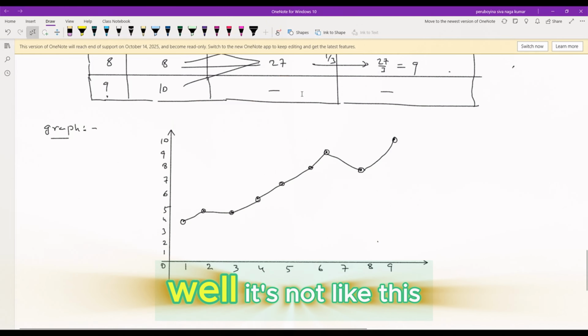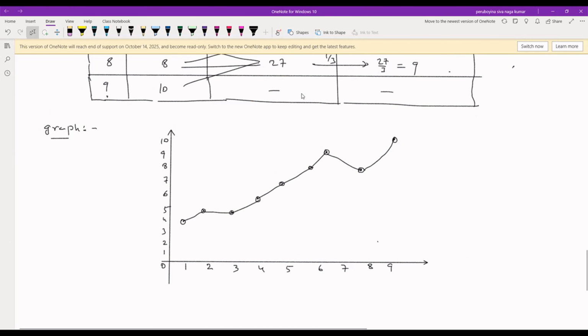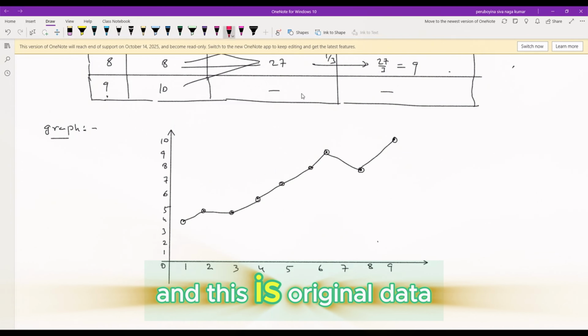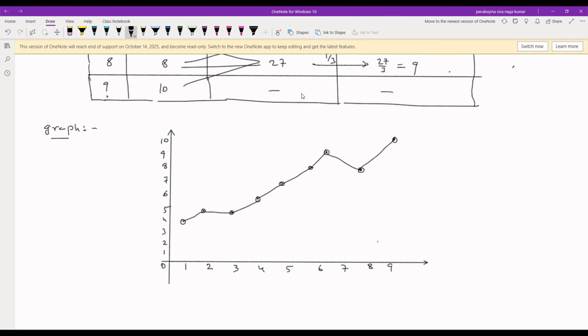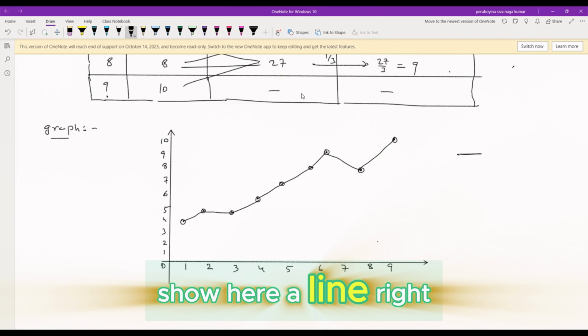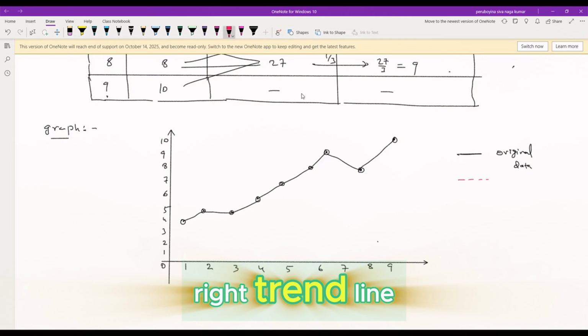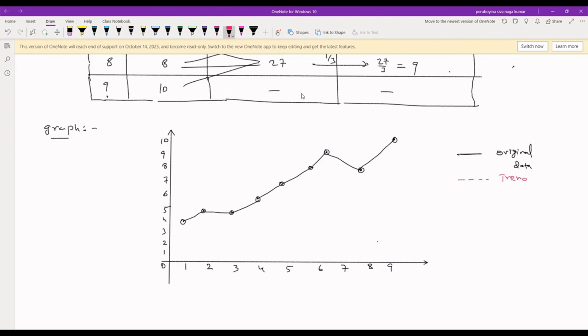You can join the points, but not sharply like this. I'll show you. This is the original data, shown here as a line. Next, make markings for the trend line.